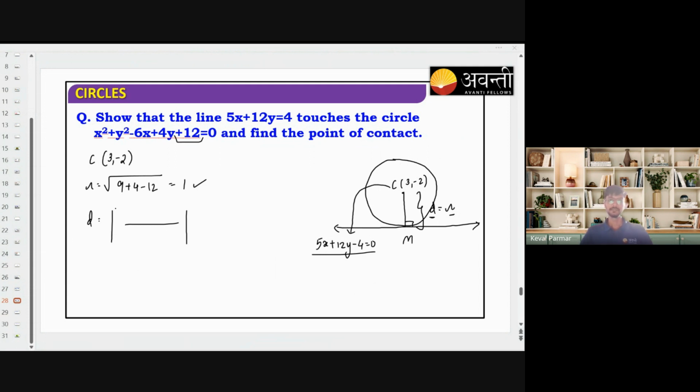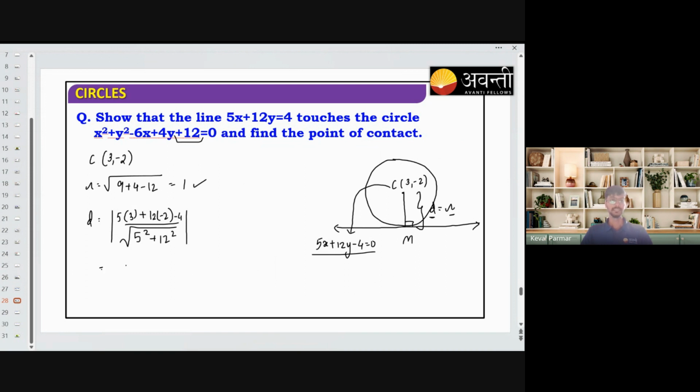What we'll get, guys? We'll get 5 into 3 plus 12 into minus 2 minus 4 upon under root of coefficient ka square, so 5 square plus 12 square.